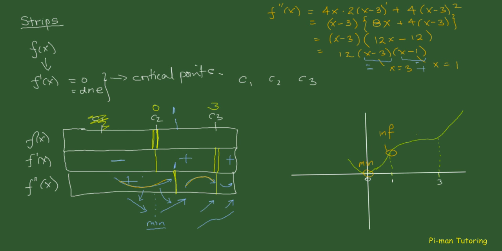And we have another inflection point here as we're going from this kind of shape to this kind of shape. And that's how you do it. That's how we use the strip and the derivatives to help us build the curve. Let's see if we can make a simple flowchart to guide us through any problem that we have.